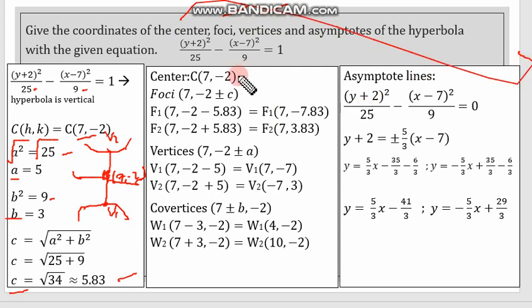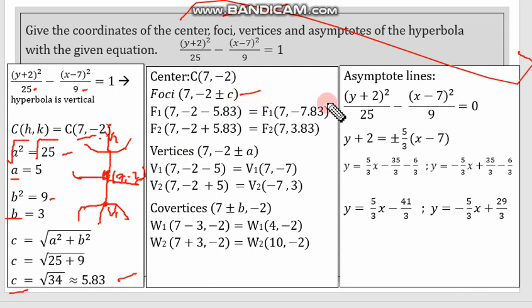So the center is 7 and negative 2. Since the foci are up and down from the center, it is a vertical hyperbola. So you will add and subtract the value of c at the y coordinate of our center, which is negative 2.